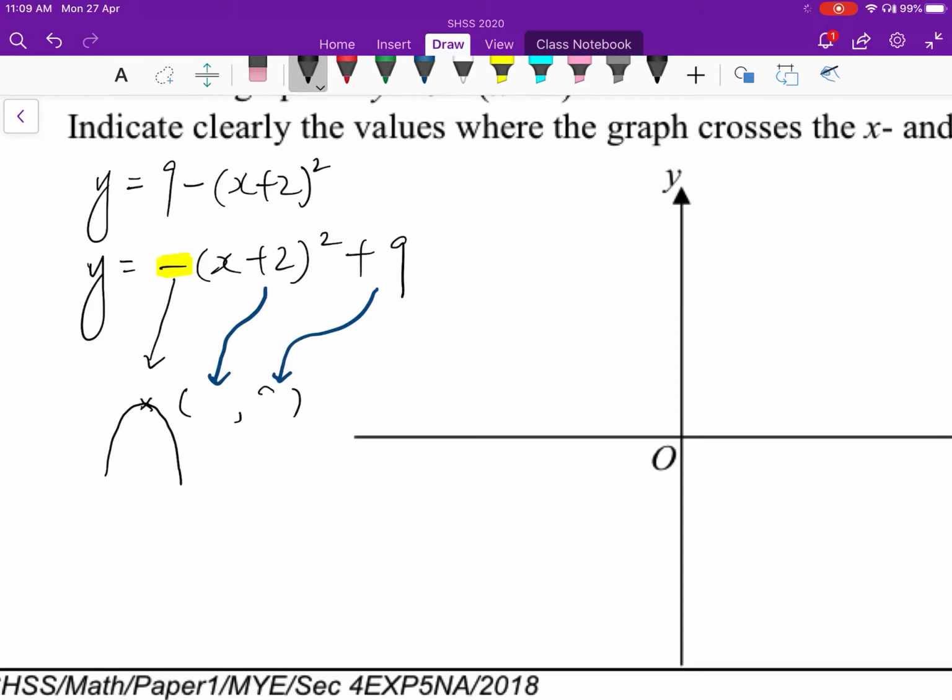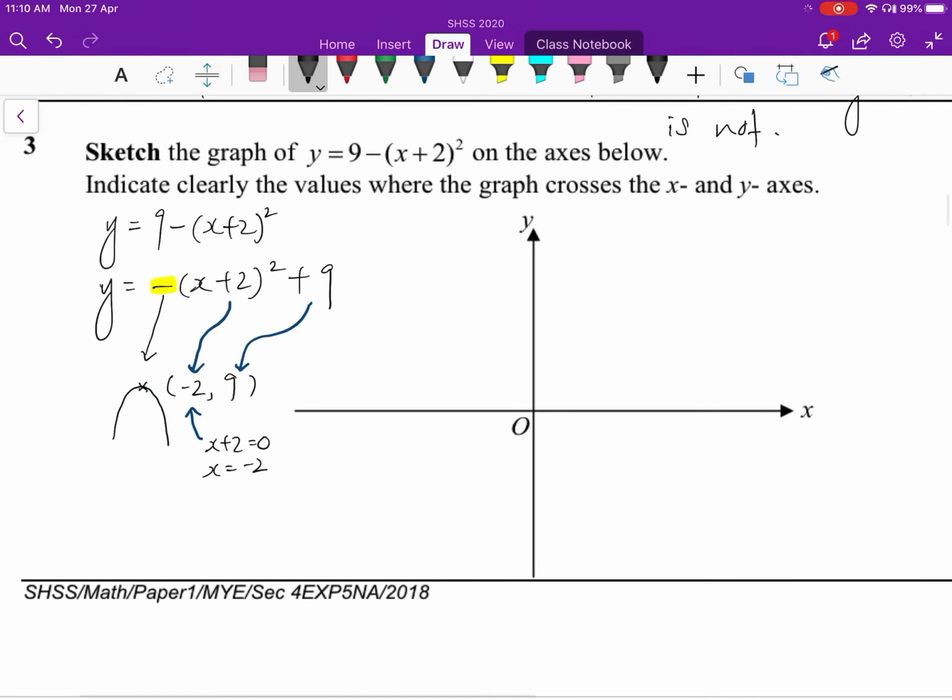A sad face has a maximum point. What are the coordinates of this maximum point? We get the coordinates of the maximum point from here. This is the x and this is the y. For the y, immediately can just write 9. For the x, we have to equate x plus 2 equals 0 to get this number here. x equals, bring over the plus 2, I get minus 2. So minus 2, 9 is the maximum point.